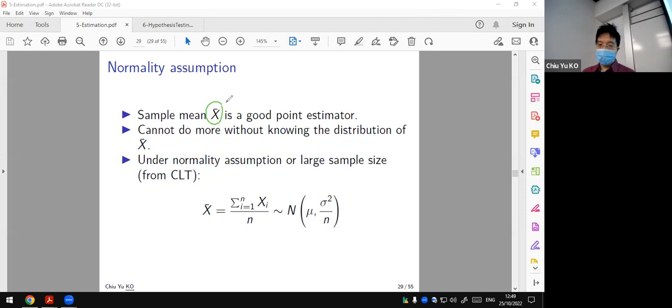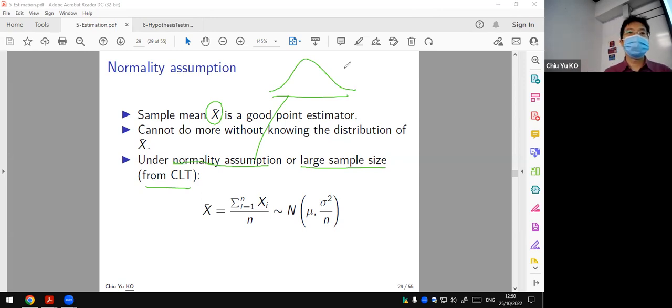Either you have normality, or you have a large sample size. Normality means assuming the underlying distribution is a bell curve, and you can never prove this, because if you were able to collect all the data and prove it, then you're done.